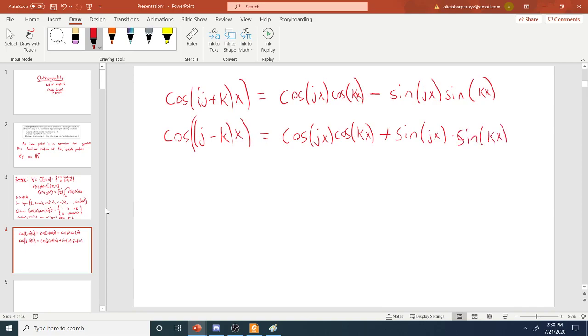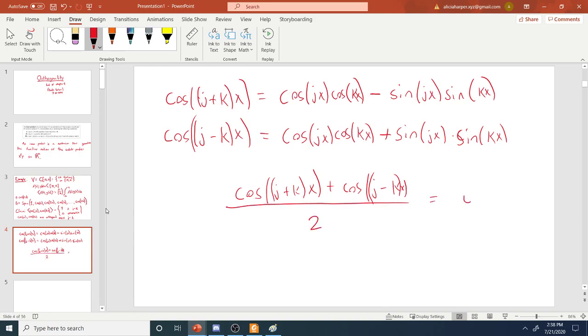So I can add these both together, and I find that cosine of j plus k times x plus cosine of j minus k times x, all divided by 2, is equal to cosine of jx cosine of kx.